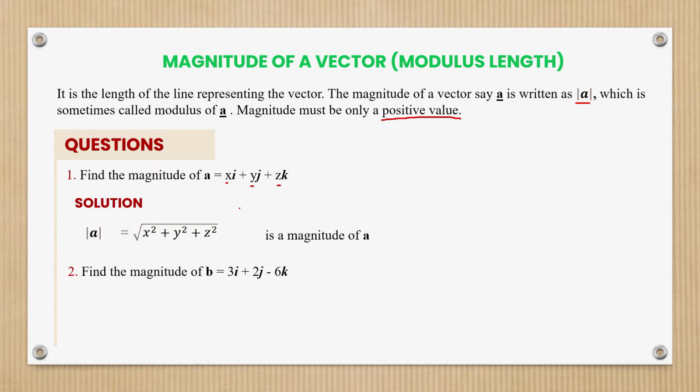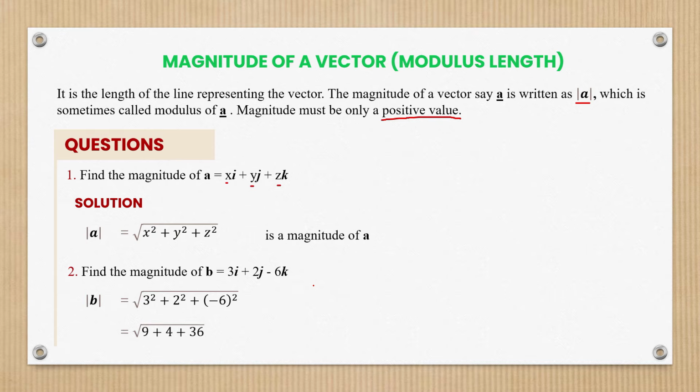Let's look at another example. We're being told to find the magnitude of B, which is equal to 3i plus 2j minus 6k. Now the magnitude of B is found the same way, from the square root of the sum of the squares of its components. So we're going to have 3 squared plus 2 squared plus, now we have a negative 6 here, so we also square that.